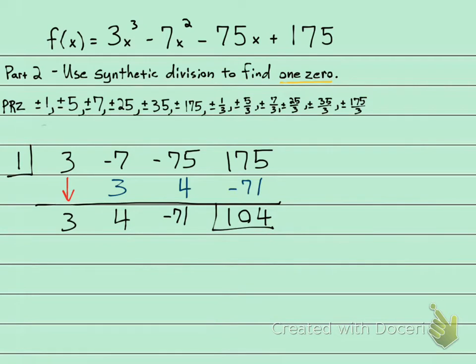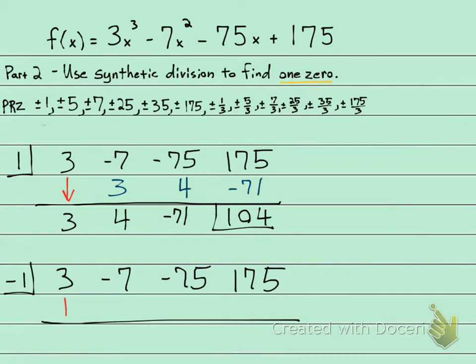All right, let's try -1. I'll put down my coefficients the same. So 3, -7, -75, 175.